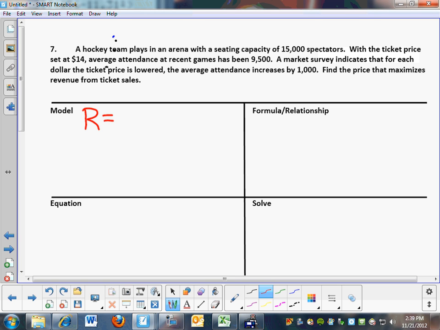The amount of money I make, the amount of revenue, is equal to whatever the attendance is times whatever the ticket price is. Right? And that's an important formula I'm going to write down here. Revenue is equal to whatever the attendance is times the ticket price.